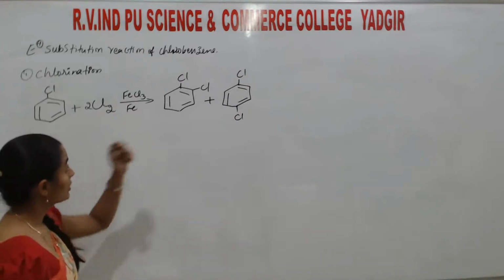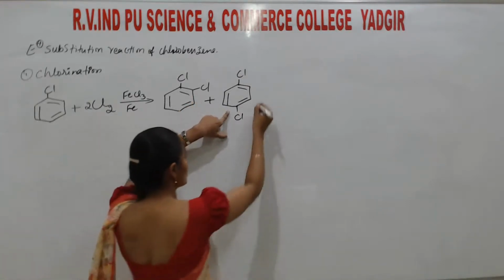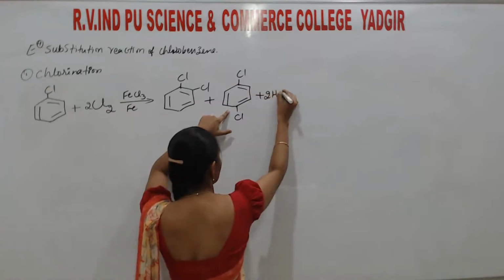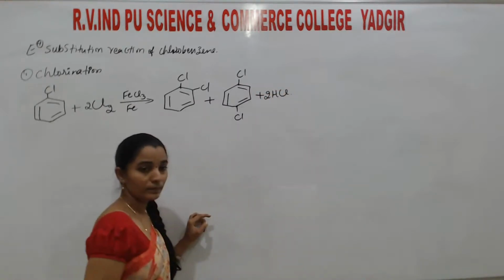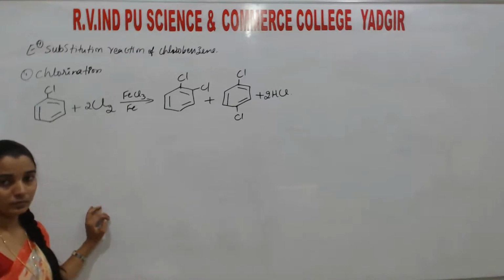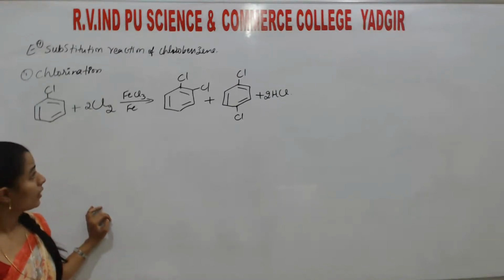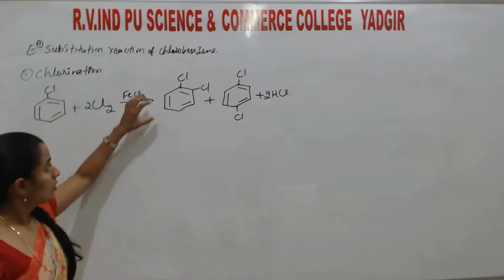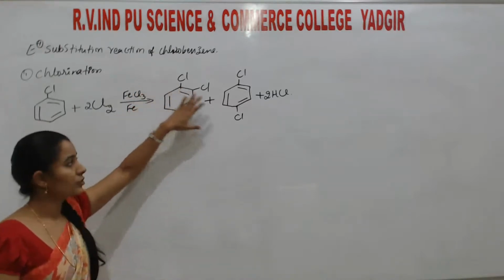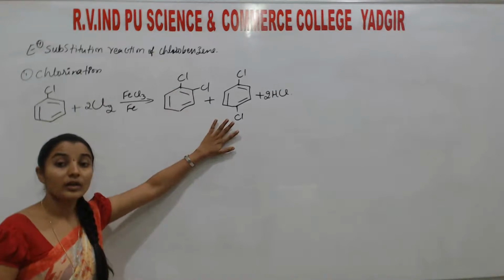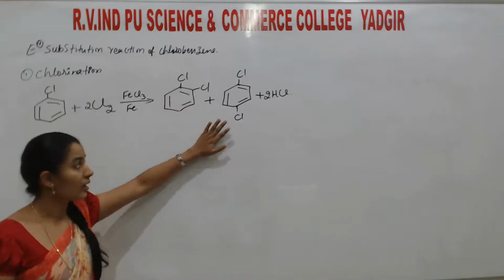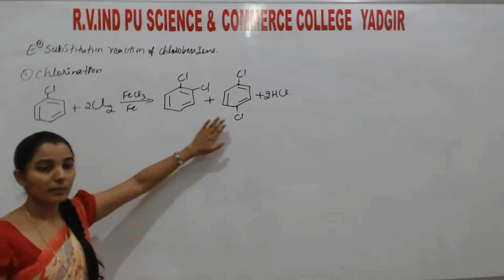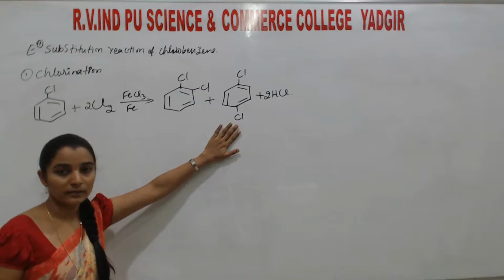Also there is an H here and an H here, so 2 HCl are removed. I won't write HCl here, later I will write it. So this is ortho substituted and para substituted dichlorobenzene: ortho dichlorobenzene and para dichlorobenzene.